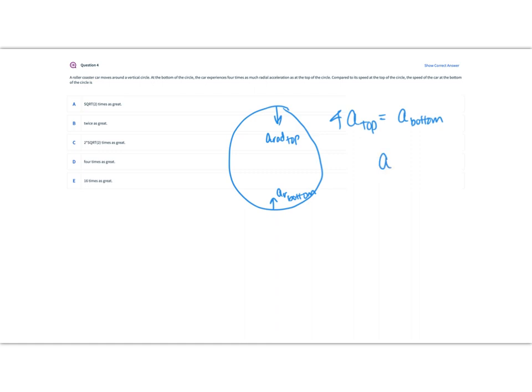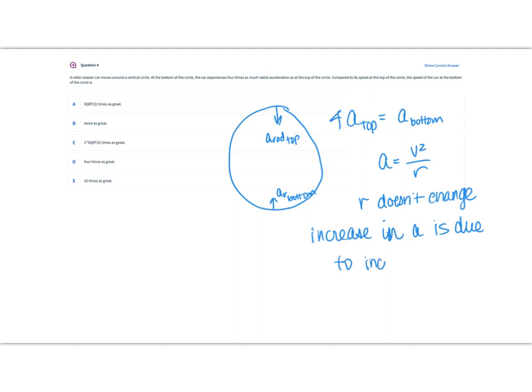We know that the acceleration we're talking about is expressed as v squared over r, but the r doesn't change. So the increase in the acceleration is due to an increase in the velocity.